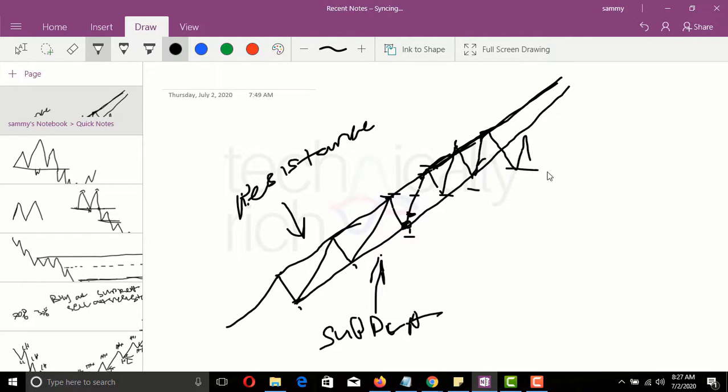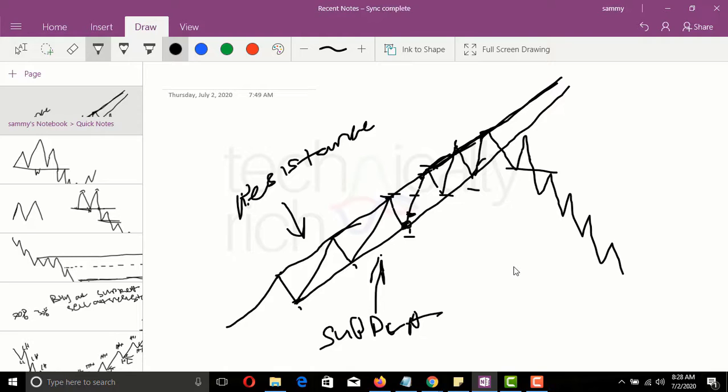You wait to see if it will break this one. Once it breaks it, then you know that this market is selling down, because it has to come back to retest this one, and if it respects it, it continues down like that. This means that your support has been broken, retested and respected, and then the market continues the downtrend.